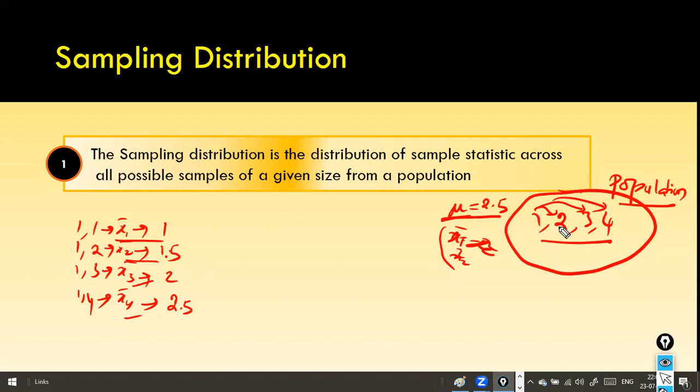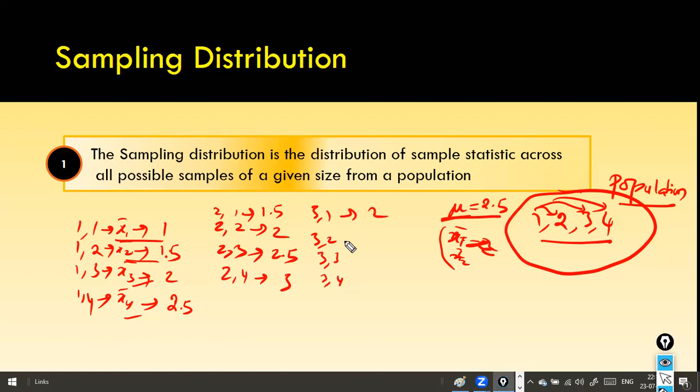Similarly, 2,1; 2,2; 2,3; 2,4. What is the mean here? 2 plus 1 is 3, so 1.5. 2,2 is 2. 2,3 is 2.5. 2,4 is 3. Similarly 3,1; 3,2; 3,3; 3,4 give 2, 2.5, 3 and 3.5.